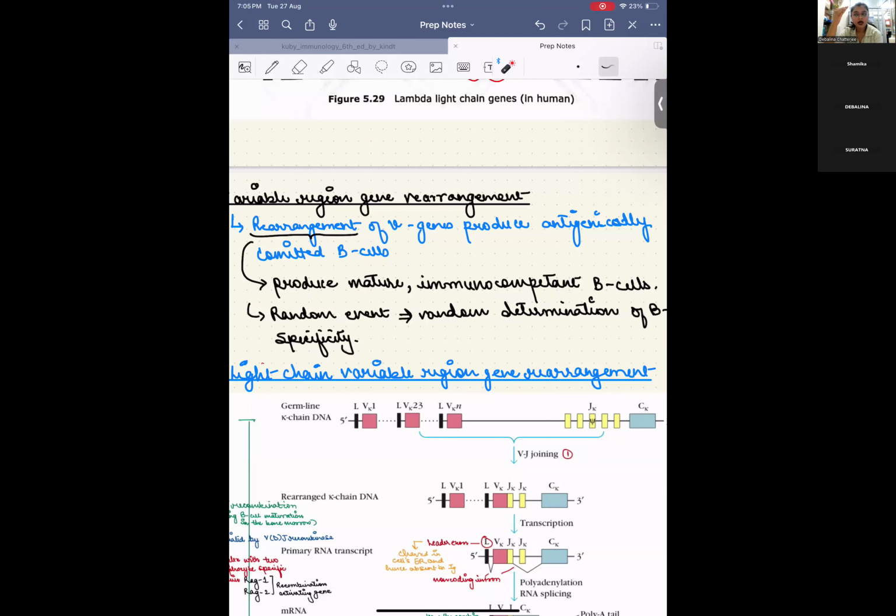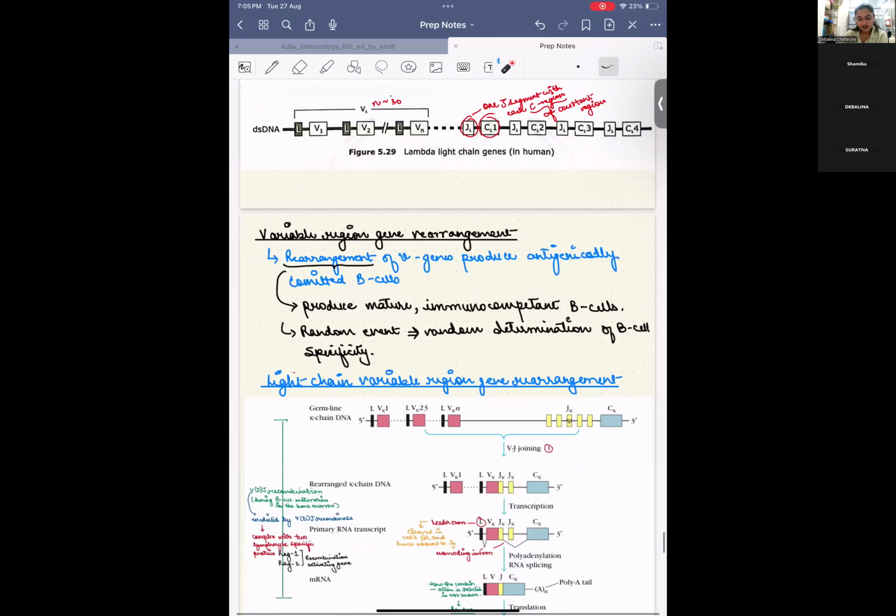For your heavy chain also, which constant region has come together has nothing to do with the antigenic commitment of your B cell. So most importantly, what is actually happening in the production of mature B cells is the rearrangement of V genes, the variable region genes.